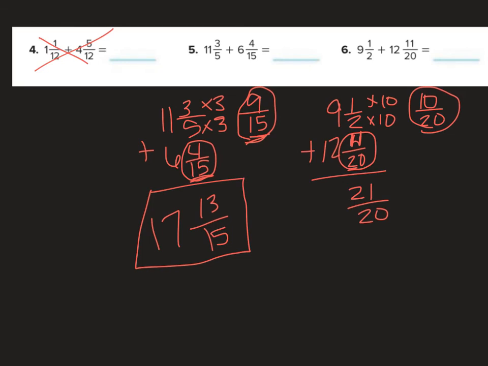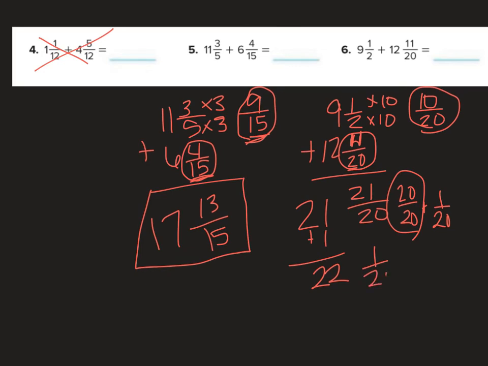And then 9 and 12 would also make 21. Isn't that cute? Okay, so here we go. I'm going to break up 20/20ths plus 1/20th. Okay, this makes my 1. So I'm going to get 22 and 1/20th, would be my answer.